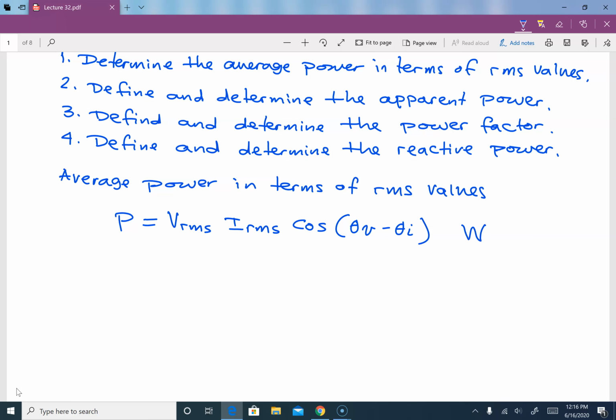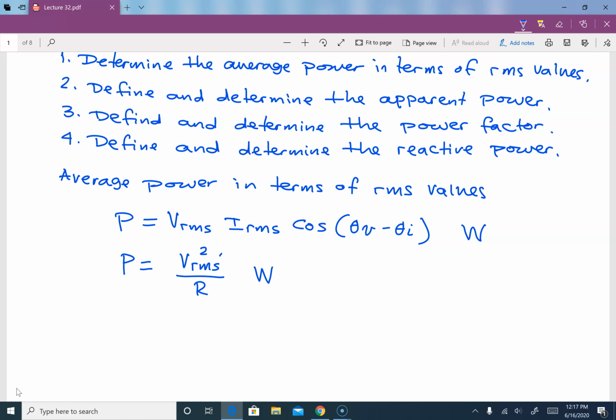So this is the formula for average power when we are using RMS values. So we can say also our P is equal to VRMS squared over R, and that is in watts.